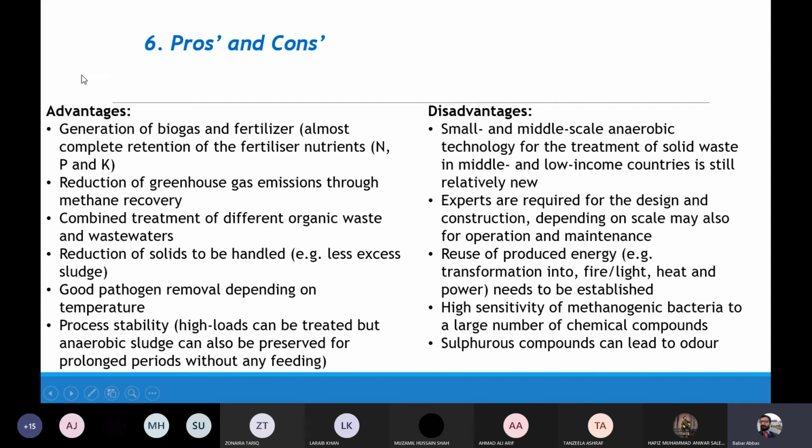Combined treatment of different organic waste and wastewaters. Reduction of solids to be handled. Good pathogen removal depending on the temperature. Process stability in terms of high loads can be treated, but anaerobic sludge can also be preserved for prolonged periods without any feeding. Then we have the disadvantages of the process.